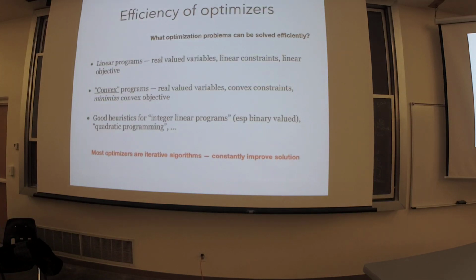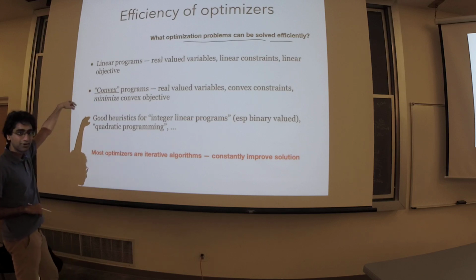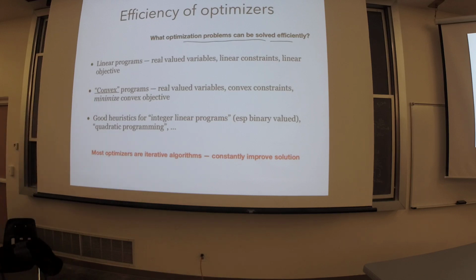What optimization problems can be solved efficiently? It turns out that not much, at least if you want provable guarantees. In some sense, the main classes that we know to solve efficiently are these two fairly simple ones. There are a few other exceptions, but more or less these are the only general statements we can make.